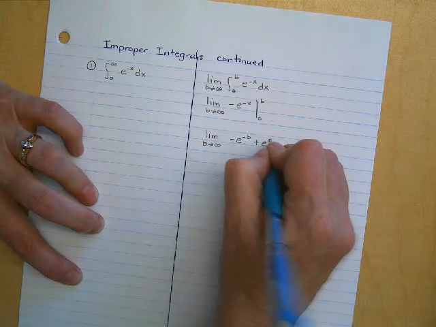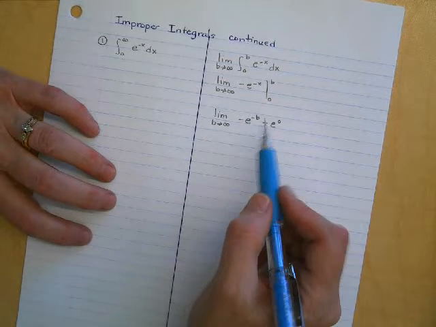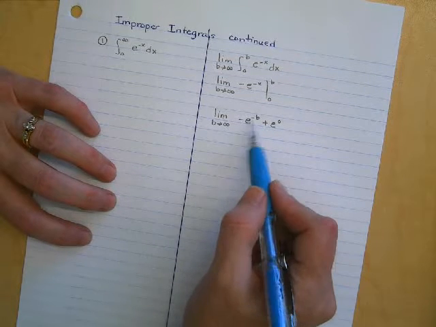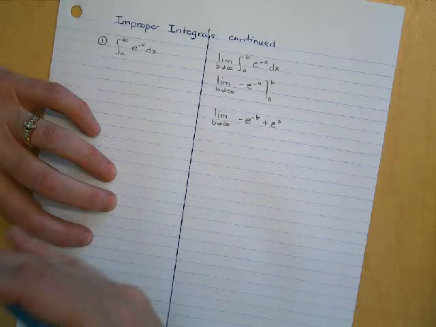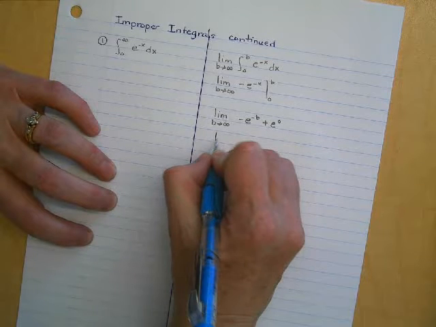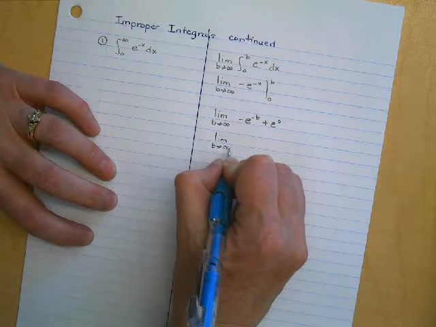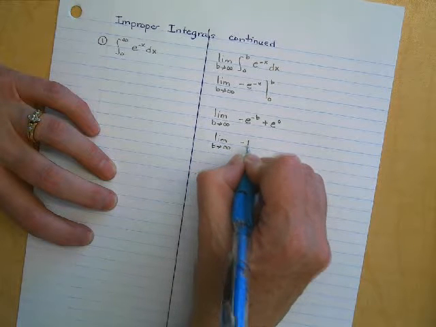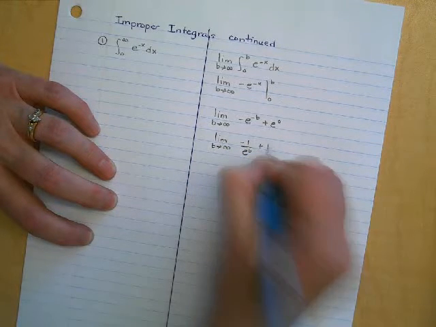Now remember that we want to get this in a more friendly form. Anytime I see a negative exponent, I'm always going to move it. My brain just works better with it that way. So this is negative 1 over e to the b, plus 1.